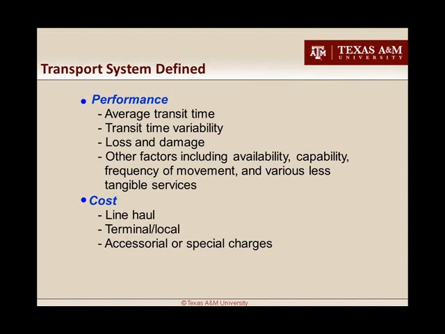Some companies may not have line haul or door-to-door deliveries. Instead, they may have terminal deliveries, right? You can take the product to their terminal and then they ship it to the destination terminal. From there, you have to take the product to your customer location or your other facility.